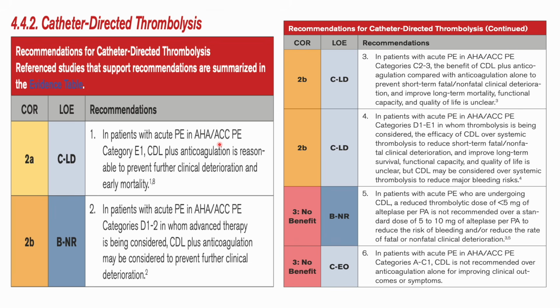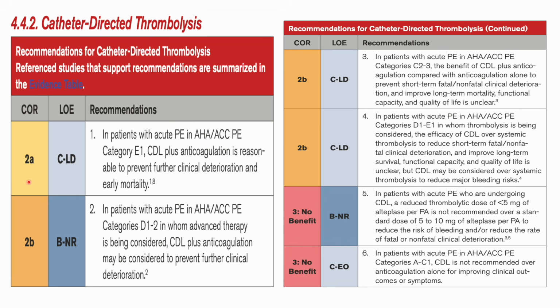So you are trying to avoid systemic bleeding exposure or systemic consequences, and you're using a more directed therapy. Now, this guideline clearly mentions where you would prefer this technique, as I said, and this is the table that gives us all the answers.